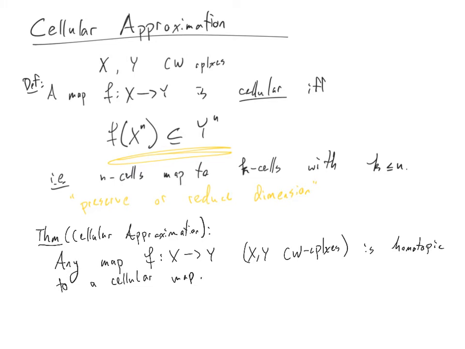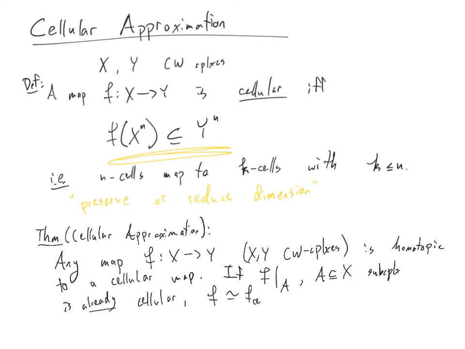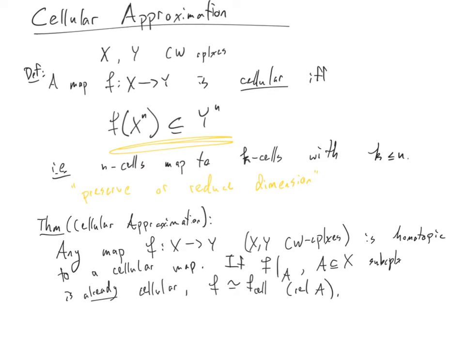Furthermore, if F restricted to A, where A is inside of X, is some subcomplex, is already cellular, F can be extended to this cellular version, let's say F cell, relative A. So you can do it without changing what the values are on A. So let's prove cellular approximation.